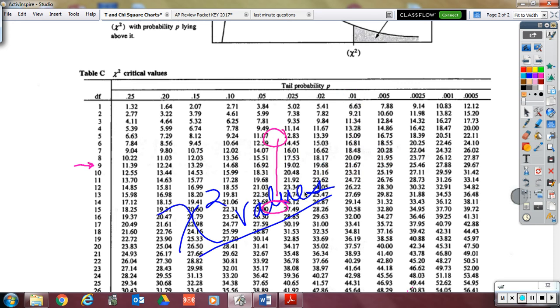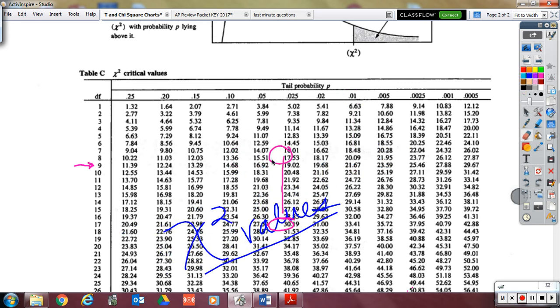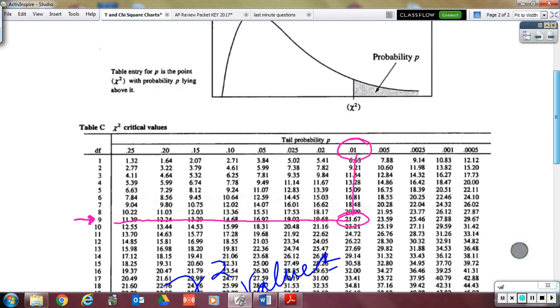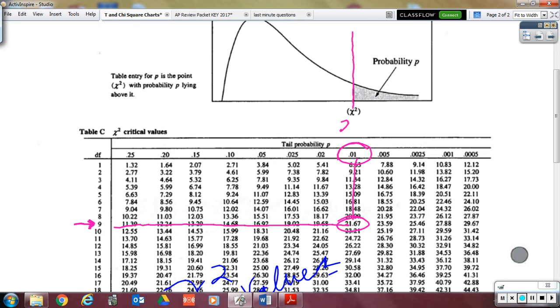So we want to find the one that has a tail of 0.01, alpha of 0.01, up there, and 9 degrees of freedom. So I'm just going to follow this around to where those two match, and they match at 21.67. So that's basically saying I got a chi-squared value of 21.67 such that there's 0.01 up here in that tail.